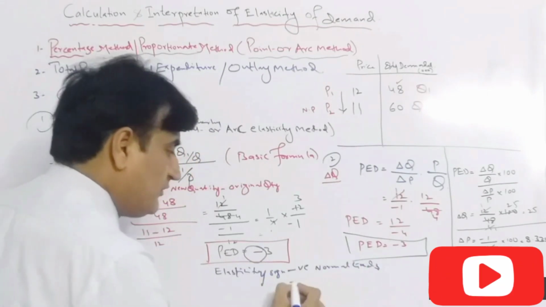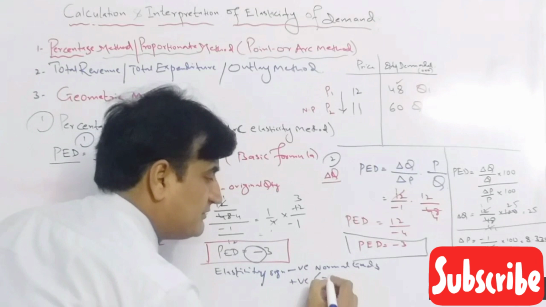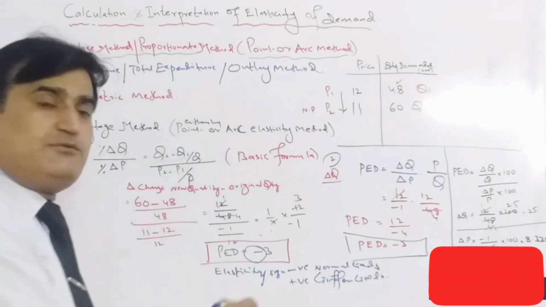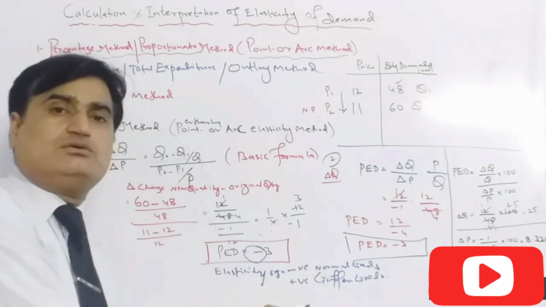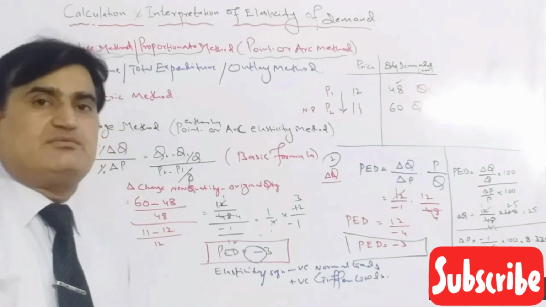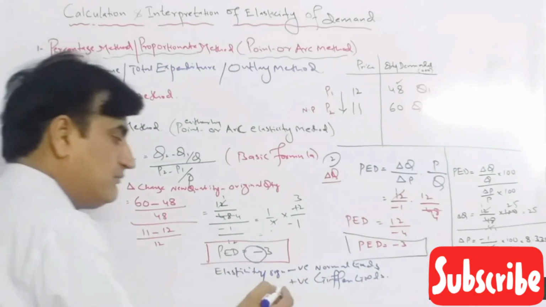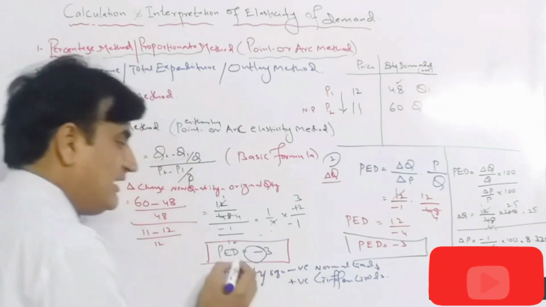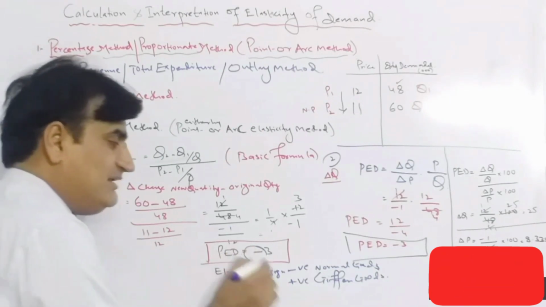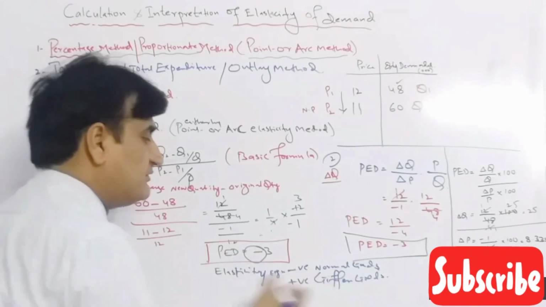When the elasticity is positive, goods are Giffen goods, that violates the law of demand. If you want to know about Giffen goods, you can go through my video on the types of goods, where we have discussed in detail the different types of goods. So we have here seen that the goods are normal goods because the sign is negative. When the sign is positive, the goods are Giffen goods.